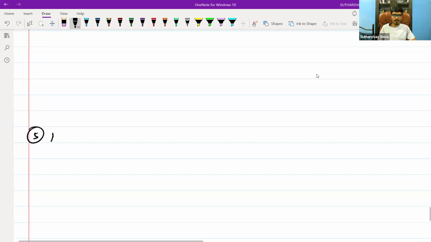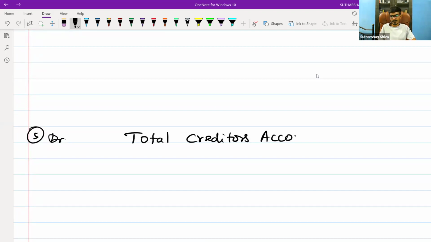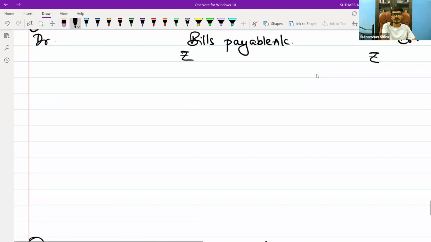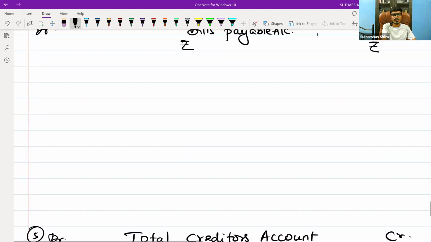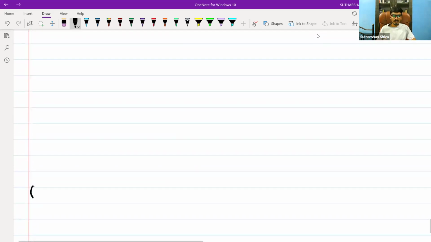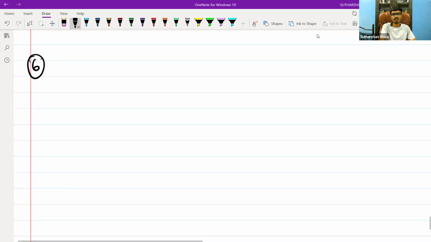Fifth one, total creditors account. Leave some space. Okay. Then open your sixth working note. Sixth working note is your cash and bank summary.